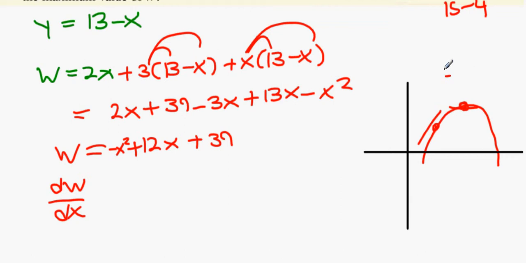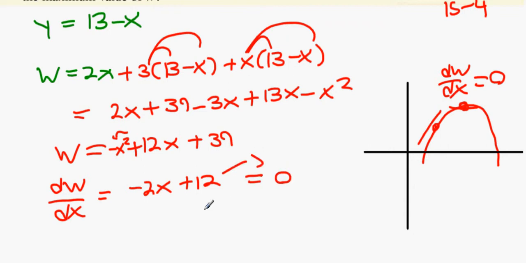We want the slope to be equal to 0 because it represents the maximum point. So we get minus 2x plus 12, because you bring the 2 to the front and drop the x. This has to be equal to 0. Bring 12 over to the other side, minus 2x equals minus 12, x therefore equals 6.